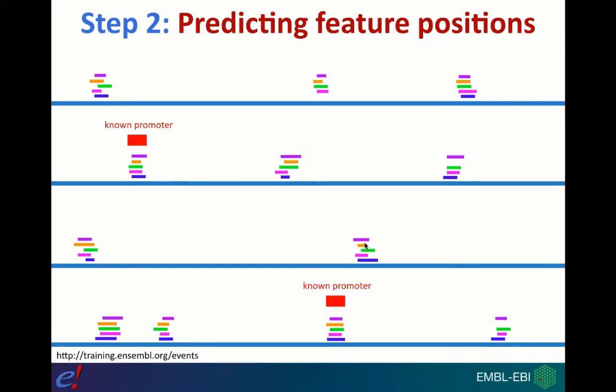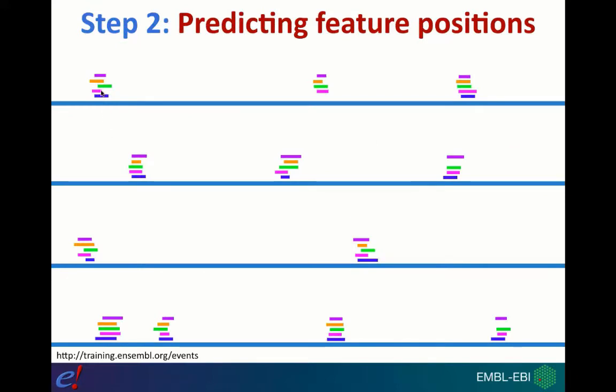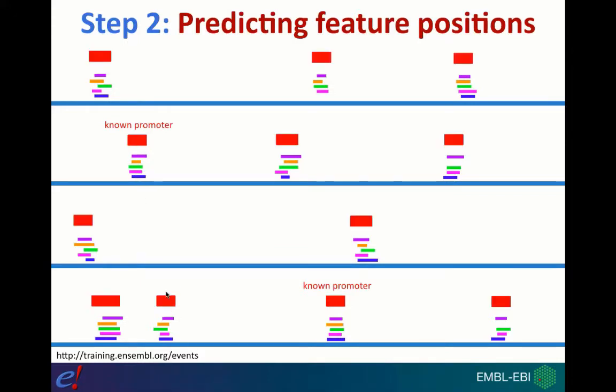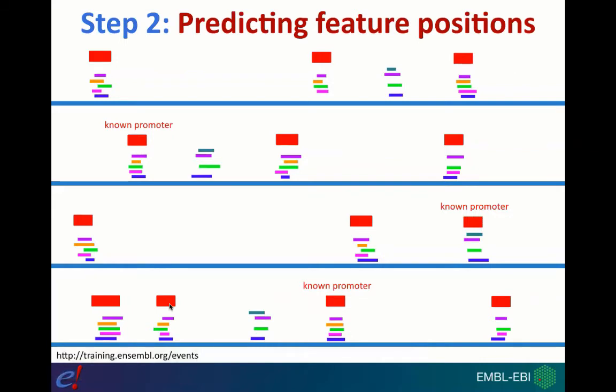So this transcription factor B and transcription factor C and histone modification 1, 2, and 3, they all occur at these different places within the genome. And if this particular signature of transcription factor binding and histone modification, for example, is a known promoter, then we can infer that everywhere else in the genome that we see this same signature is also a promoter region. And we do the same things for different signatures.